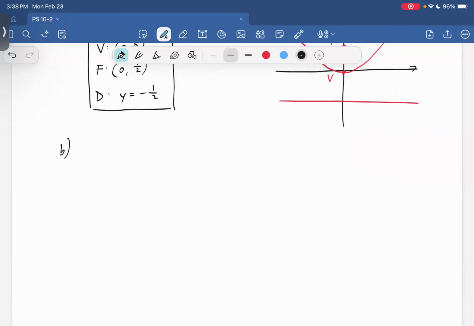Next question. Y squared equals -6x. That's the same as y minus 0 squared equals -12, sorry, equals 4 times -3/2 times x minus 0. So the vertex is once again 0, 0.